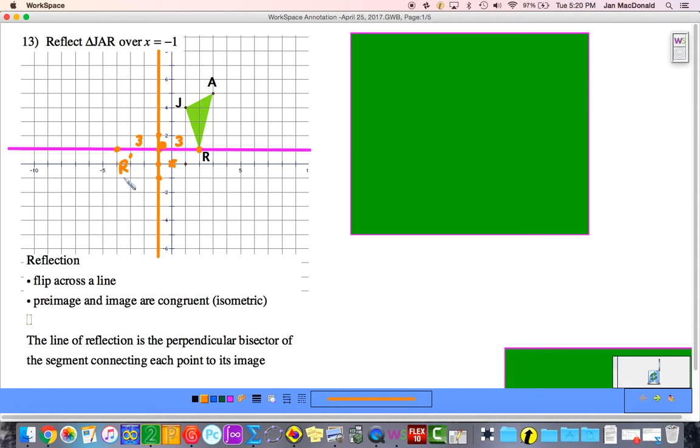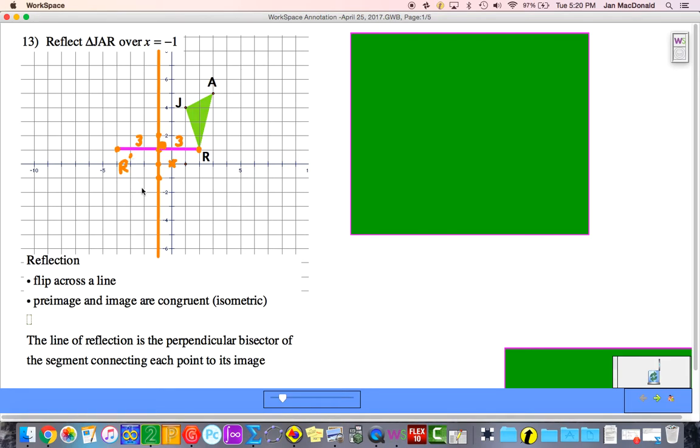So I know R prime is in the correct location. I'm going to erase a little bit here to clear up my diagram. Now I know where R prime is, and R prime tells us that point R has been reflected.